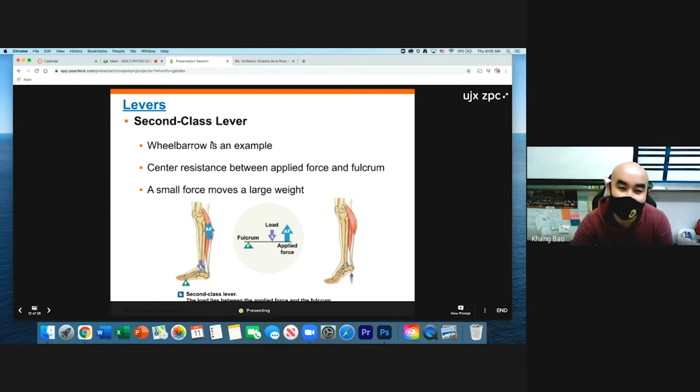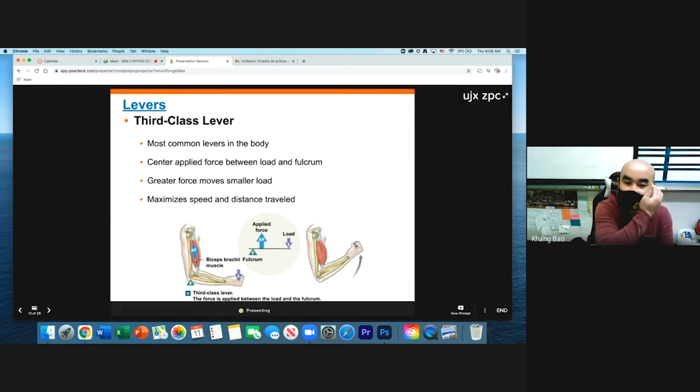And this is what we call a second class lever. So it allows you to apply a small force but move a large weight. And the difference is that the fulcrum is at the end. And then the third type is what we call the third class lever.